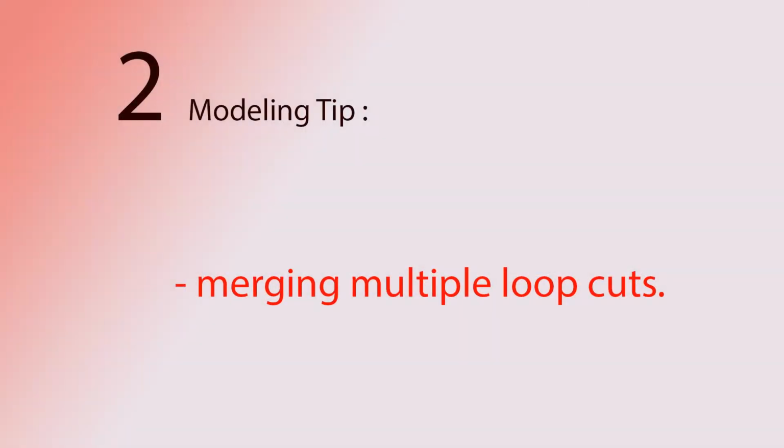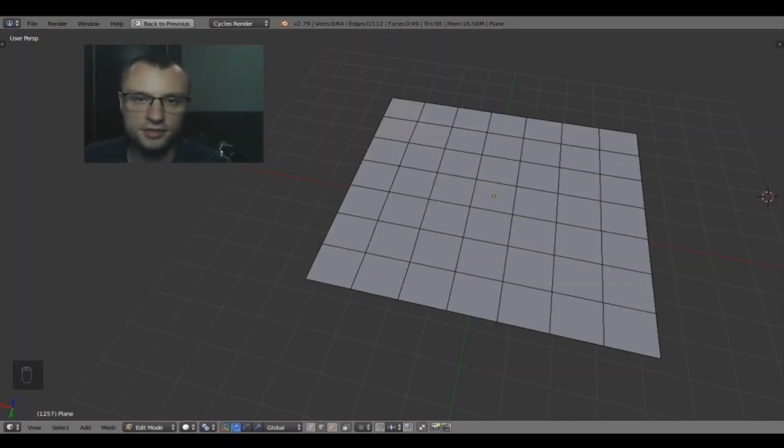Merging multiple loop cuts. In some cases we need to merge multiple loop cuts for reducing our topology in some areas of our model. So for example, to do this we need to select edge rings.